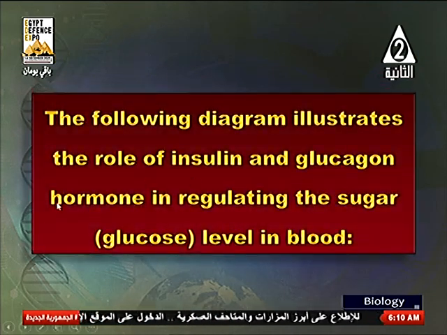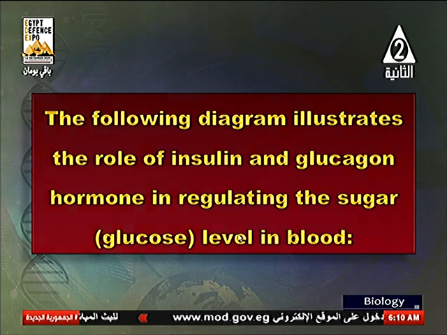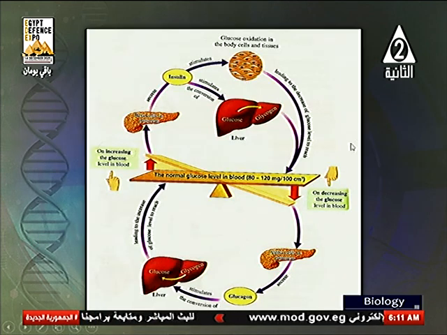The following diagram illustrates the role of insulin and glucagon hormones in regulating the sugar level in blood. This is the normal level of glucose, from 80 up to 120 milligram per 100 cubic centimeter.